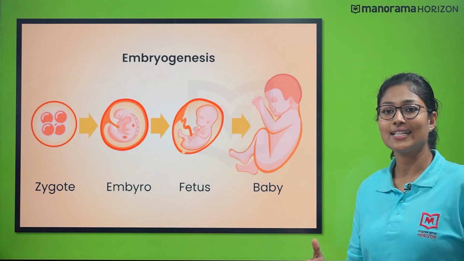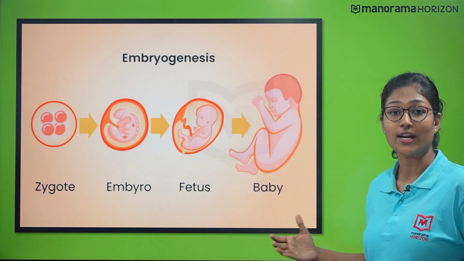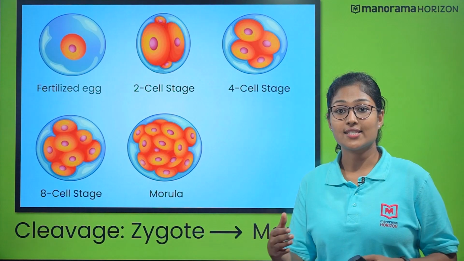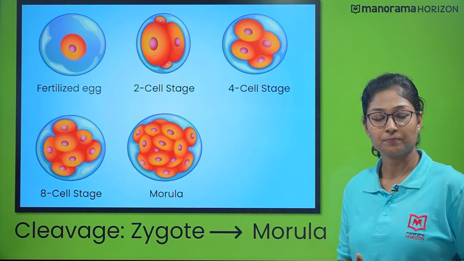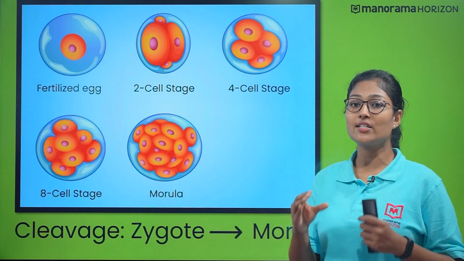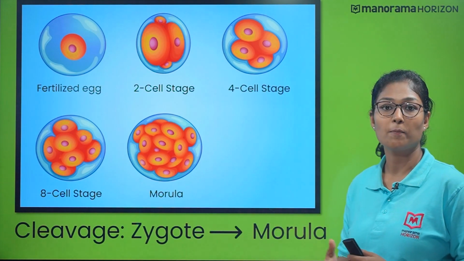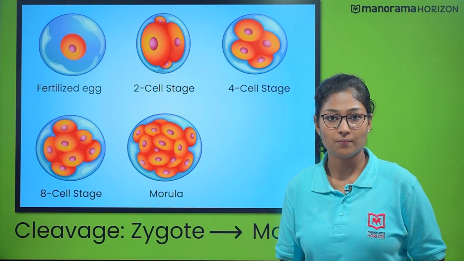How does a single cell called a zygote develop into a multicellular child? During its transport from the fallopian tube to the uterus, the zygote undergoes mitotic divisions called cleavage. Cleavage forms an embryo with 16 daughter cells called a morula. The cells of the morula are called blastomeres.